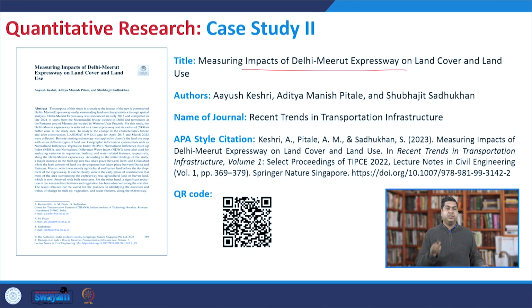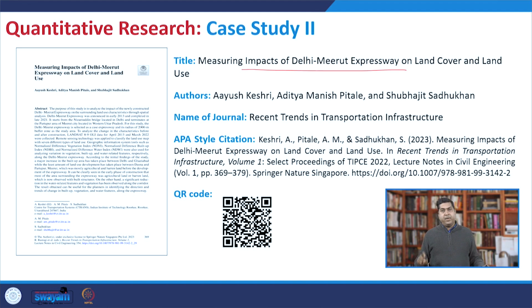Now, this is a huge infrastructure and a huge investment, and due to this investment there are certain changes. Depending on this particular expressway, people can easily commute between Delhi and Meerut, and there are different exit points at different important nodes.